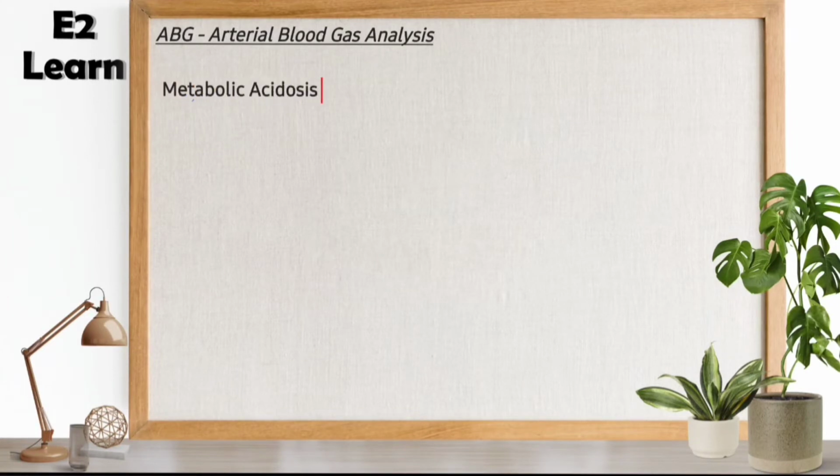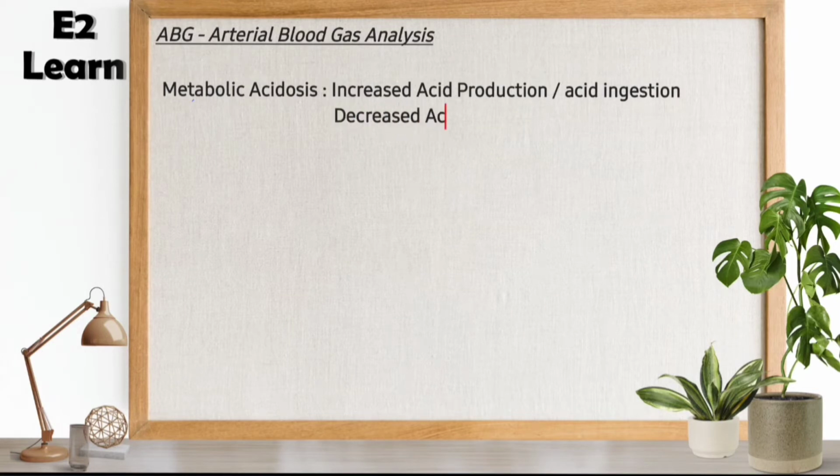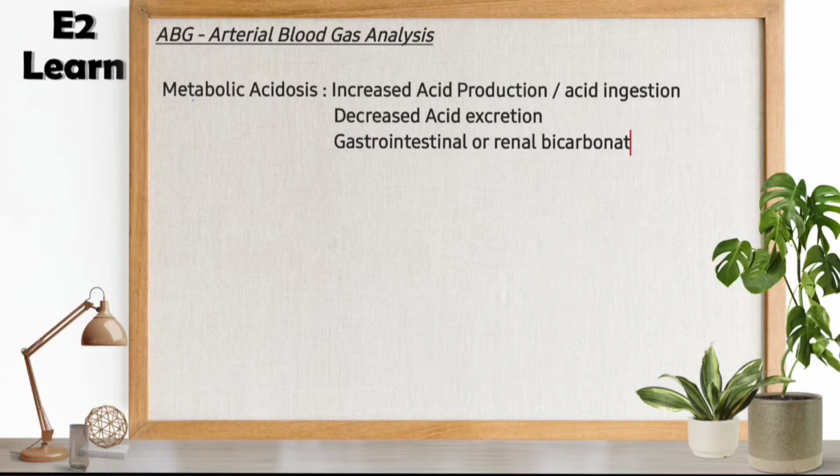On the other hand, metabolic acidosis is due to increased acid production, or if a person has ingested an acid, or if the body is not able to excrete the acid, and sometimes if gastrointestinal or renal bicarbonate is lost.